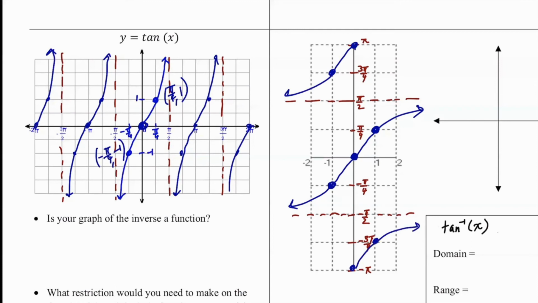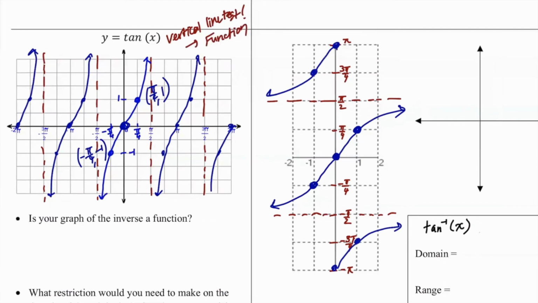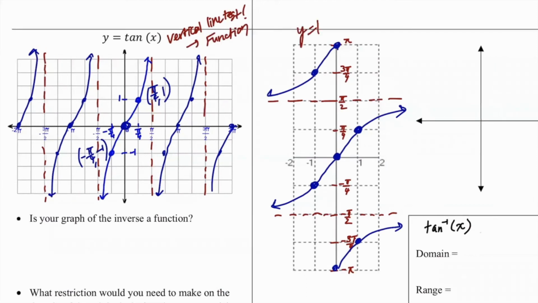Now, coming to tangent, does it pass the vertical line test? Yes, it does. Original tangent passes the vertical line test, so this is a function. But the inverse does not pass the vertical line test, so it's not a function. We've got to restrict the domain again. And now it's repetitive. For the domain restriction, you need to include angles from 0 to pi over 2.